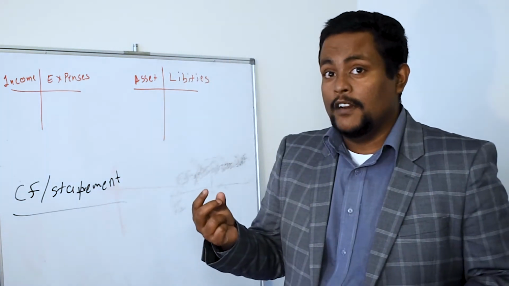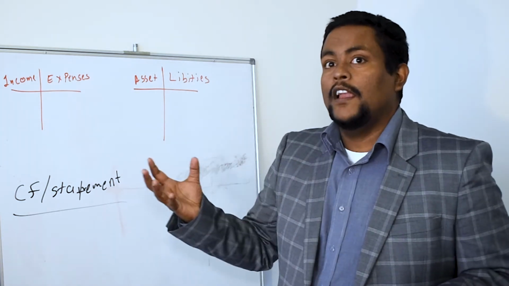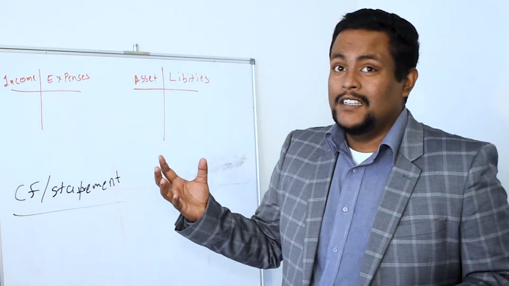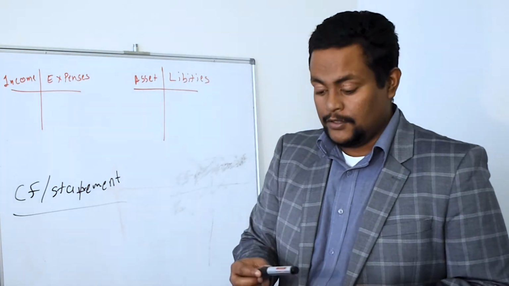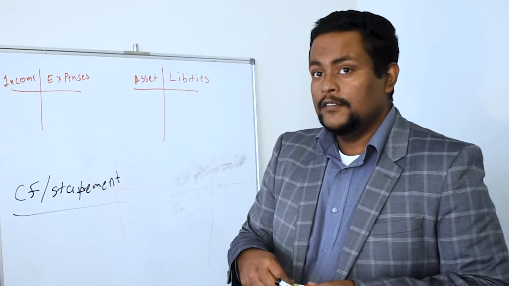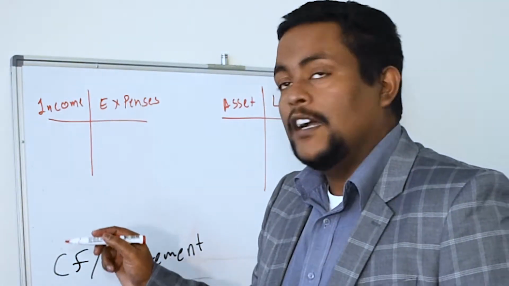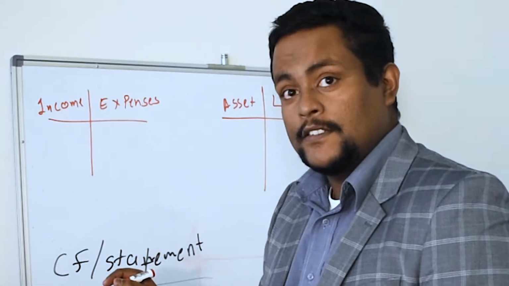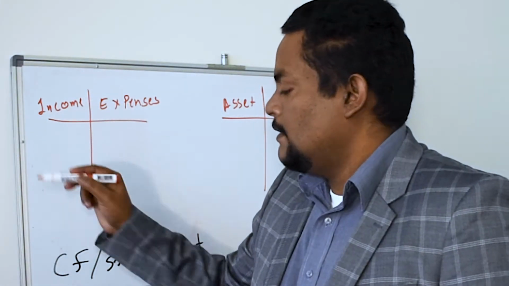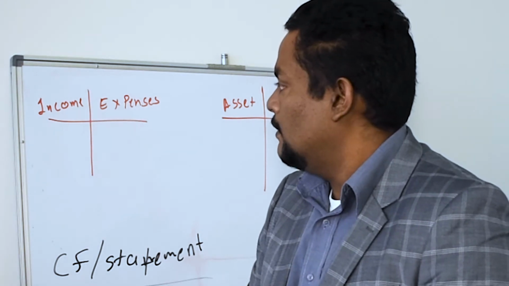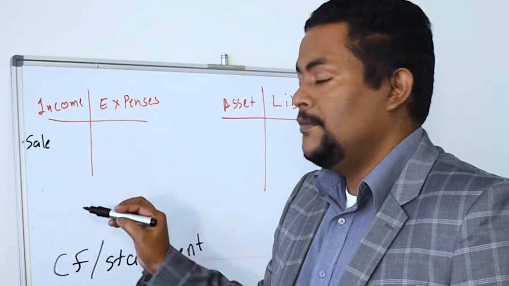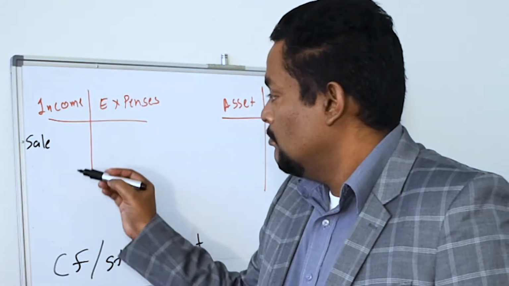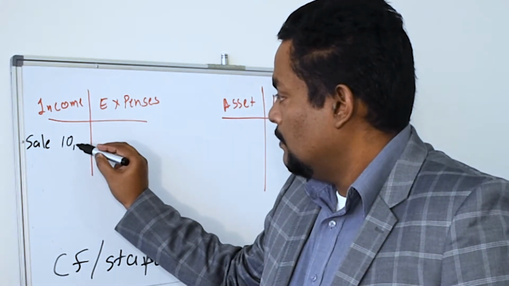So let's see how we can lodge these numbers in the income statement. On the income and expenses statement, we can say sale, which he makes $1,000.